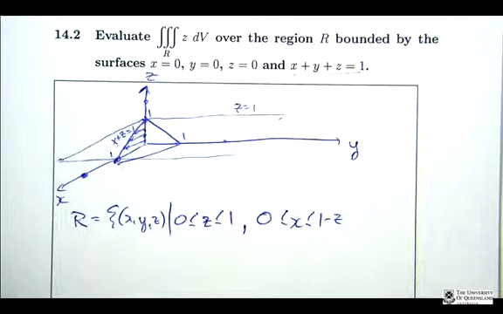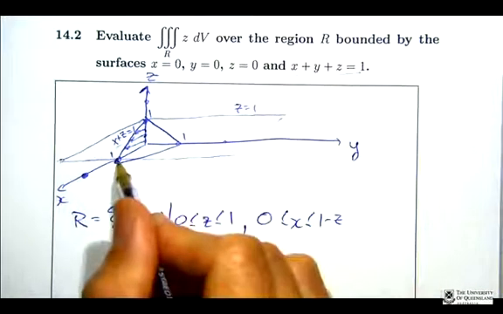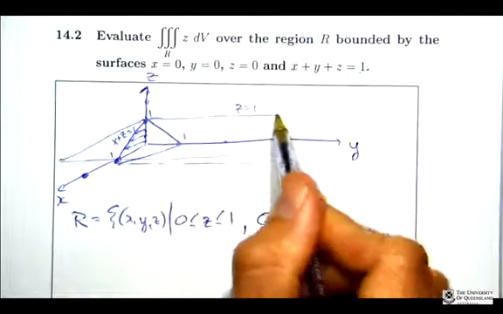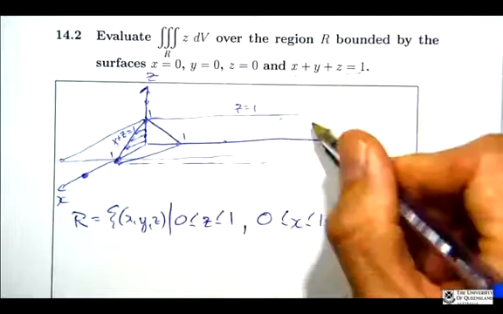So what is that telling me about the region? If I were to just say the region lies within these two bounds for x and z without giving any bounds for y, what is that telling me? Well, here's where it starts to get complicated and stretch my artistic abilities.